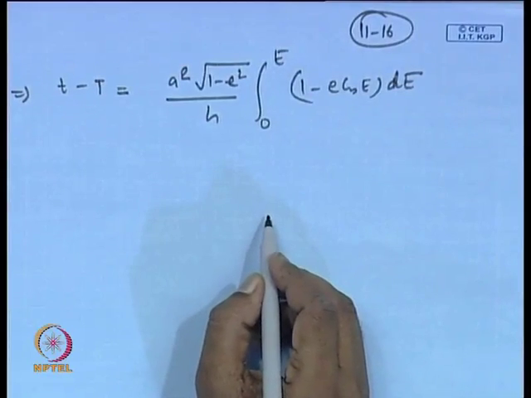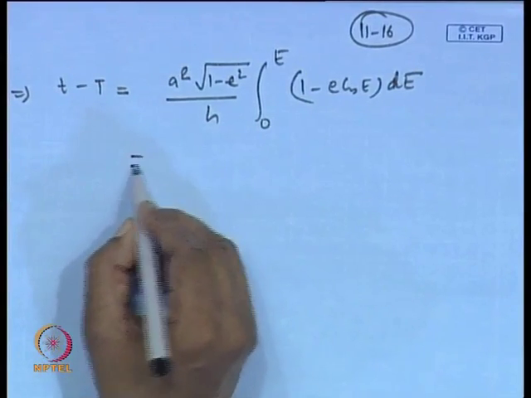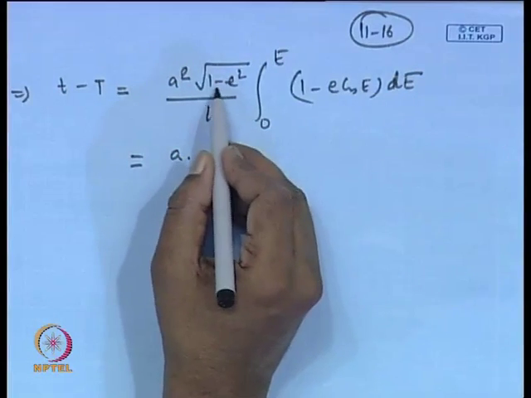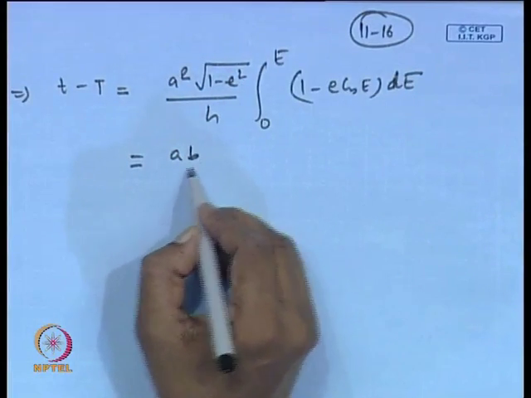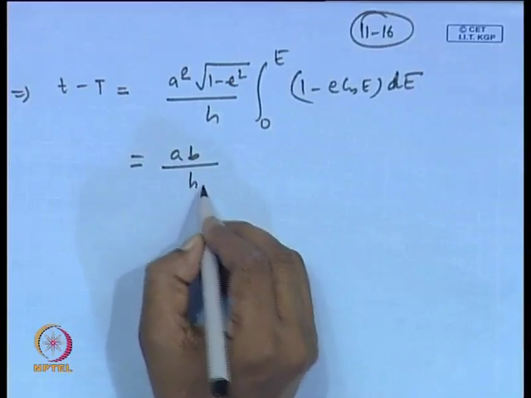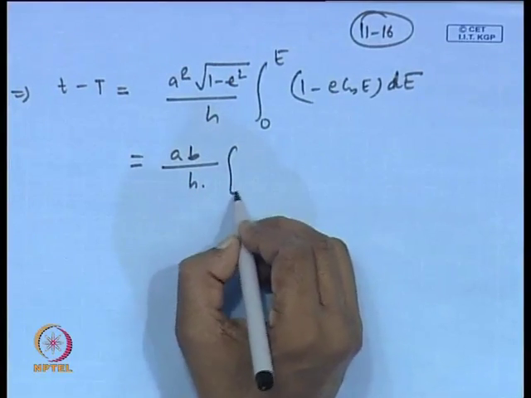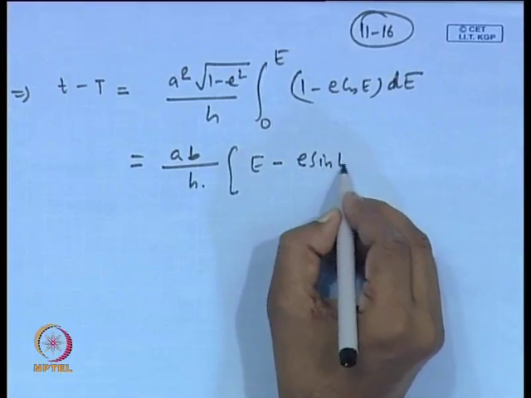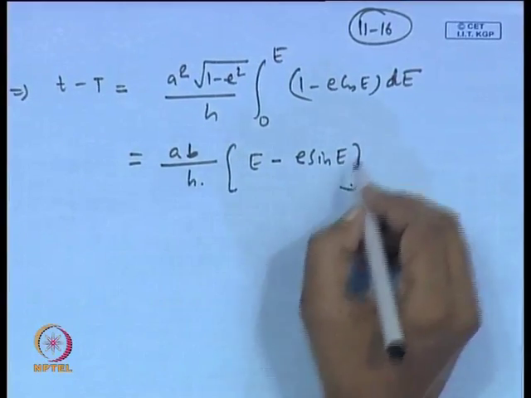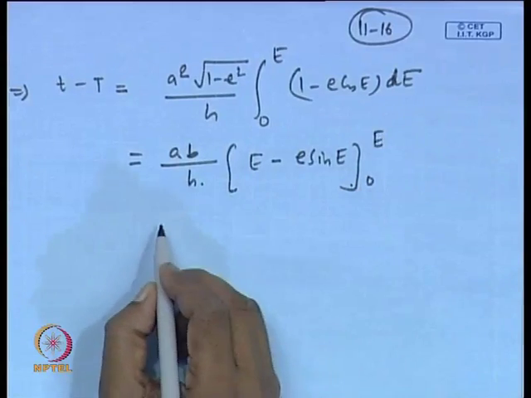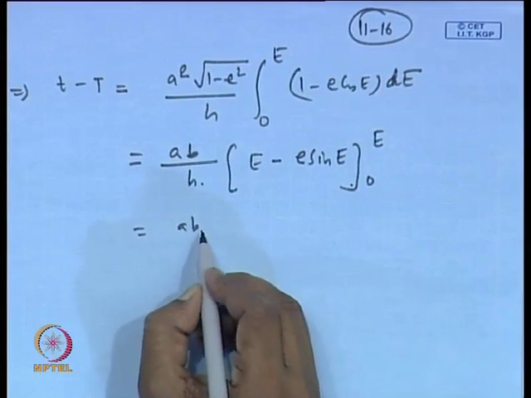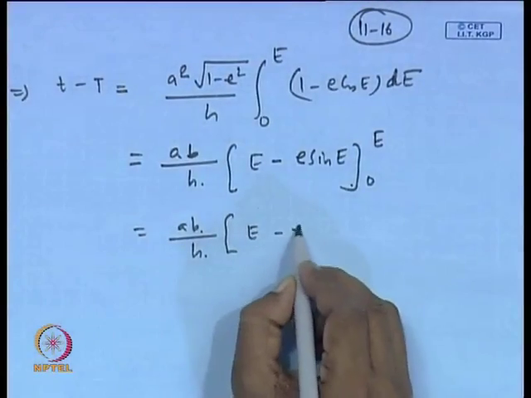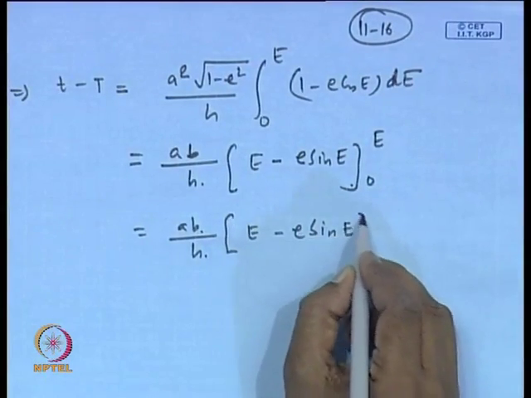Okay. So, integrating, now this can be written as a times a square root of (1 minus e square), so this becomes a b divided by h, and the integration of this will be E minus e sin E, from 0 to E. So, this is nothing but a b divided by h times (E minus e sin E).